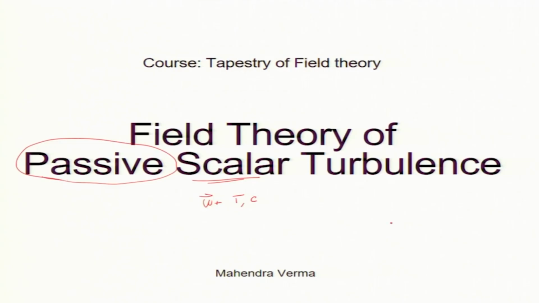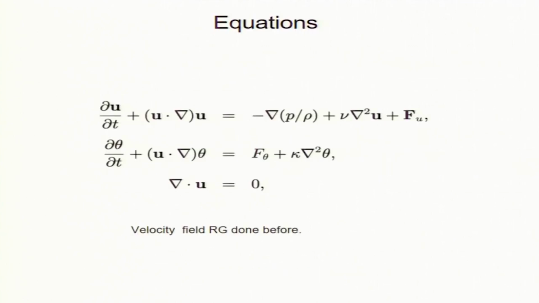So, we write down the equation. I will write down the equation in the next slide. So, first is the equation of the velocity field, everybody is familiar with that, no. So, pressure gradient, nu grad squared u, and this forcing for the velocity field is a large scale forcing, you can think of some stirring, and this is the equation for the scalar.